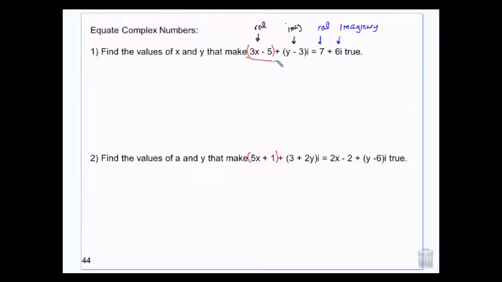So the reals go together. And the imaginaries, let's make that a different shape, since you guys don't have color maybe, imaginaries go together. So I'm going to set real equal to real and imaginary equal to imaginary.